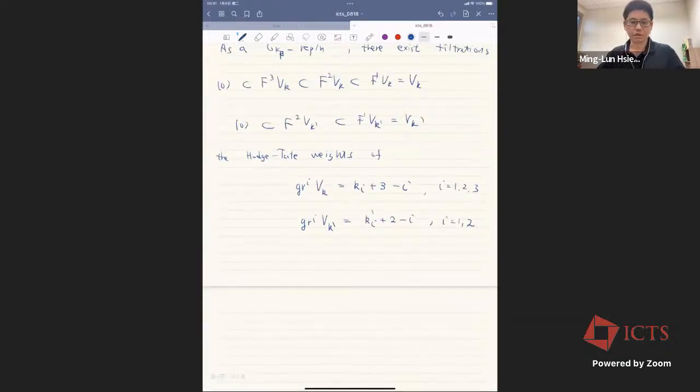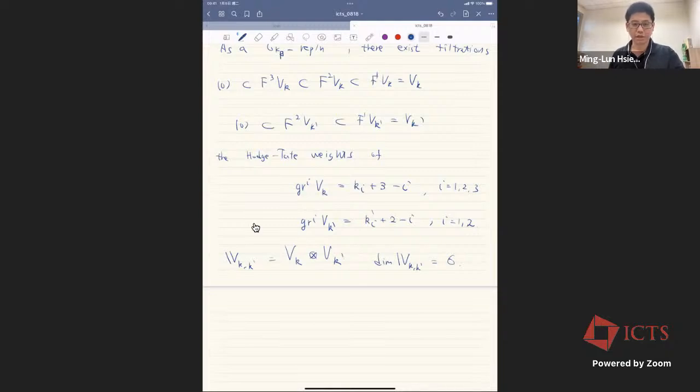Then we consider the tensor product representation V_{K K prime}, which has dimension 6. We consider a particular submodule inside this 6-dimensional representation.